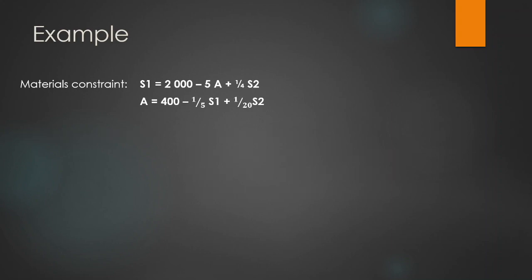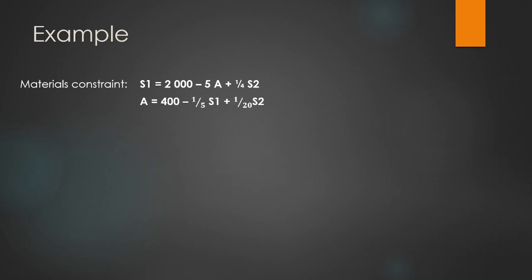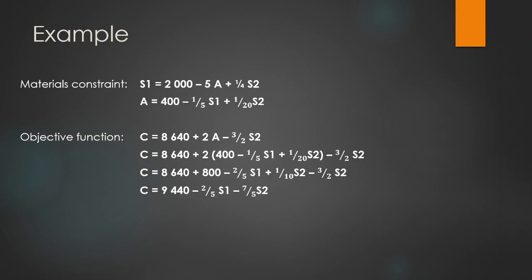We do the same for our sales of A constraint, and we get S4 is equal to 50 plus 1/5 S1 minus 1/20 S2. Finally, we substitute A into our contribution function, and we get C is equal to 9440 minus 2/5 S1 minus 7/5 S2.